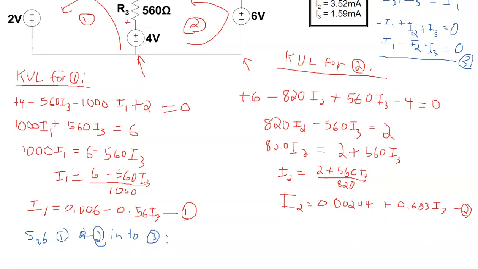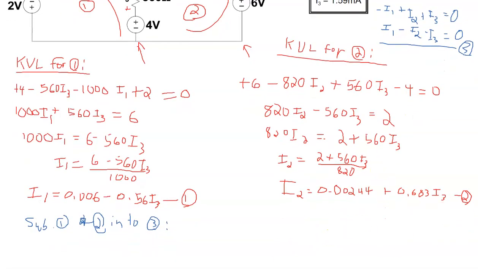And so when we do that, basically, we have I1, but I1 is equal to this expression. So we have 0.006 subtract 0.56 times I3.